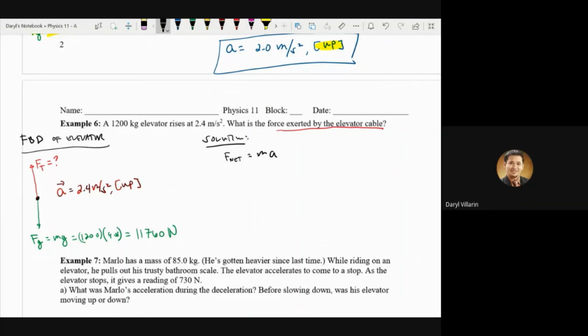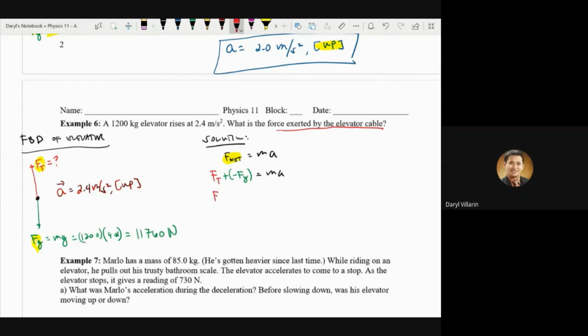So now, if we're gonna examine what are the forces, so you have two forces, Ft going up and Fg going down. Okay, so now if I'm gonna expand that one out, that would be Ft plus the negative of Fg is equal to ma.